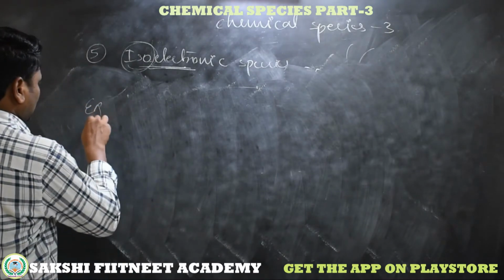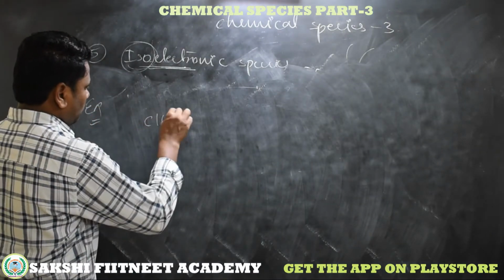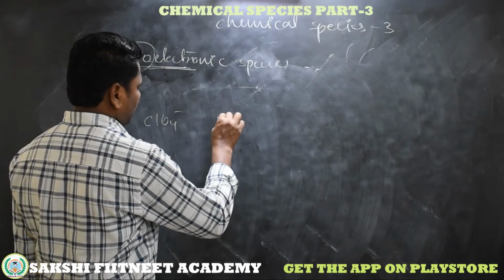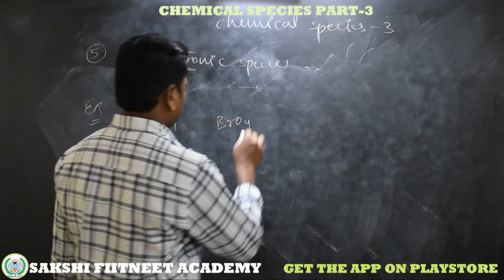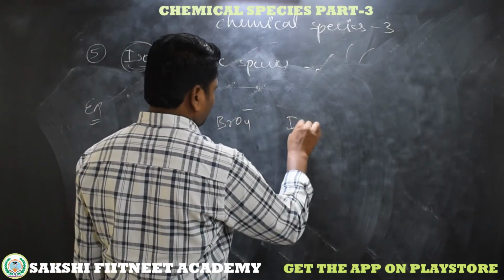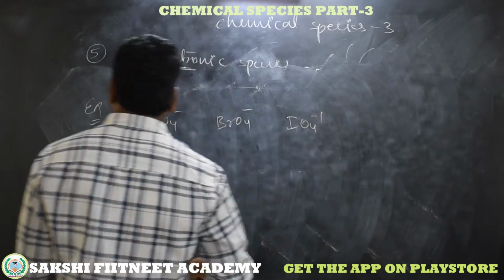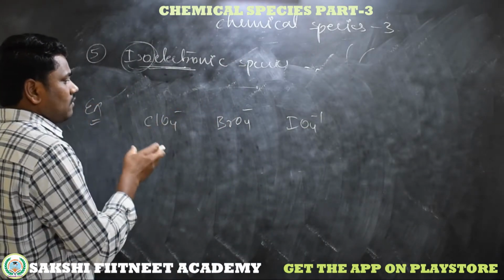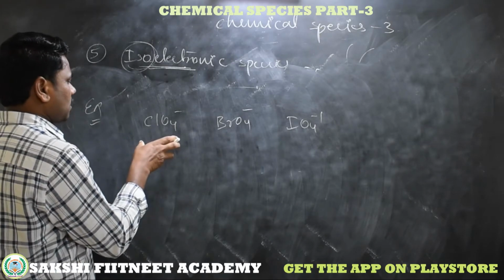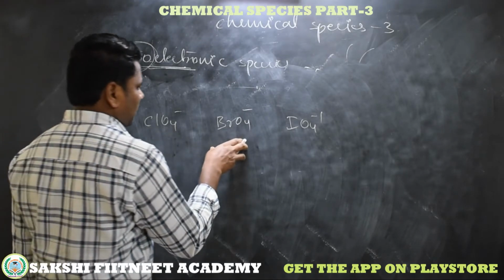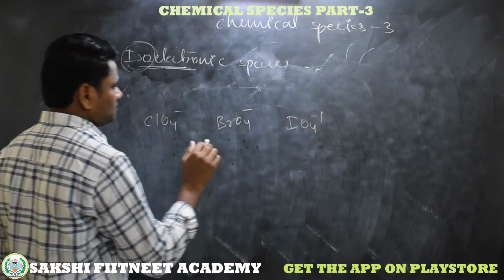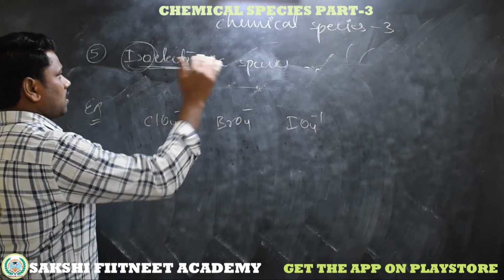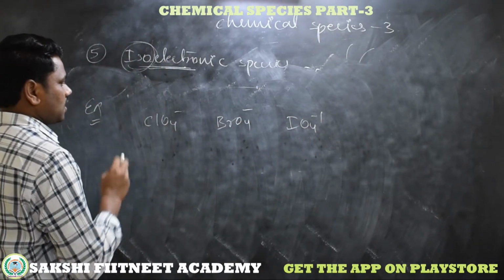I'm taking an example here, ClO4 minus, next BrO4 minus, now coming to IO4 minus. This is an example where the total valence electrons are the same. The valence electrons of this fragment, this fragment and this fragment are the same. If they are the same, then these are classified as isoelectronic. So let me check.